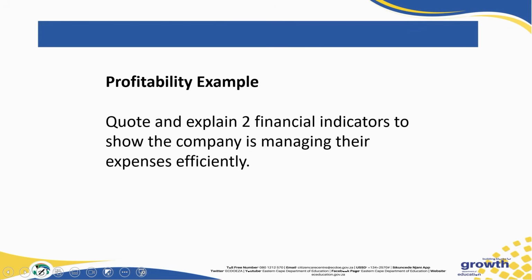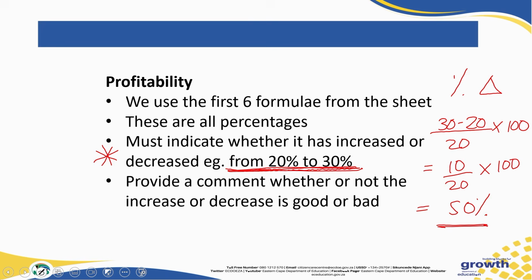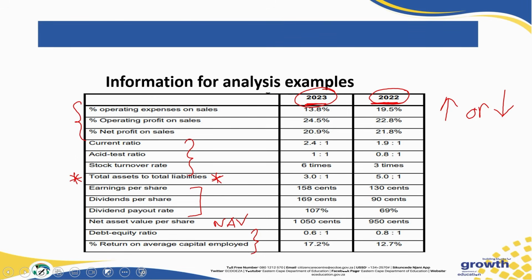So let's quickly do an example when it comes to profitability. The example is asking us that we need to quote and explain 2 financial indicators to show that the company is managing their expenses efficiently. Now, if we have a look at the first page, these are the examples that we're going to use.